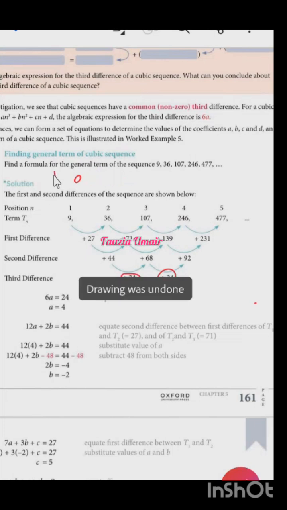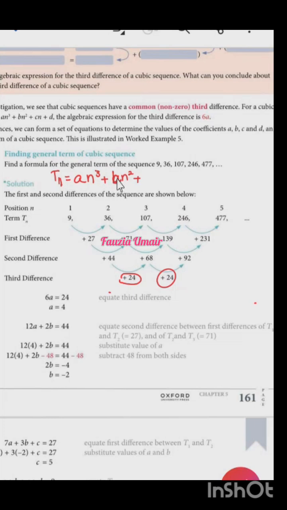Tn is equal to an cubed plus bn squared plus cn plus d. So how many variables are there in the cubic sequence? There are 4 variables this time, right? So we have to remember these 4 equations also.